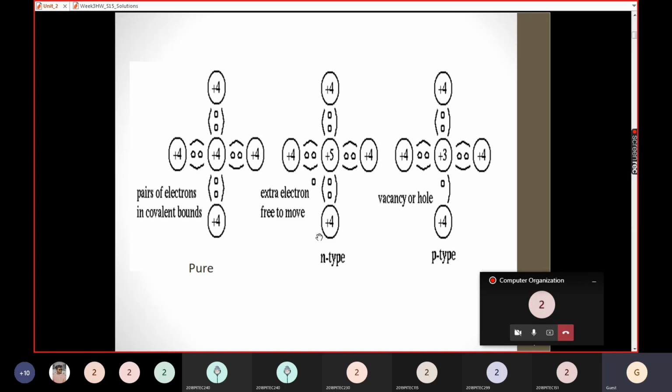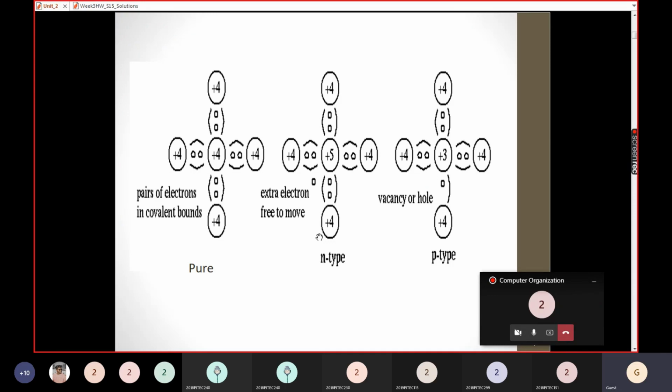On your left side, the pure semiconductor, which is called an intrinsic semiconductor, is expressed here. There we have four pairs of electrons with four pairs of holes. What is happening in an intrinsic semiconductor is that all the electrons and all the holes are attracted to each other.